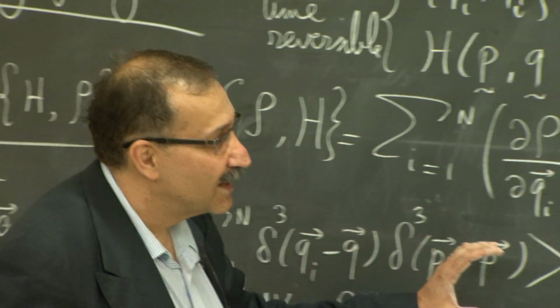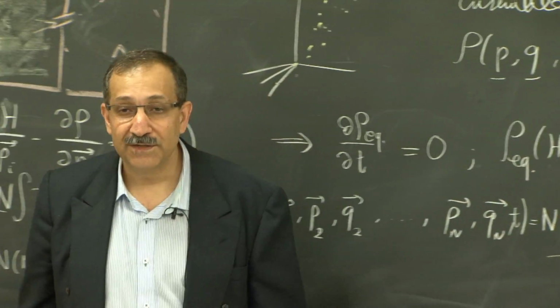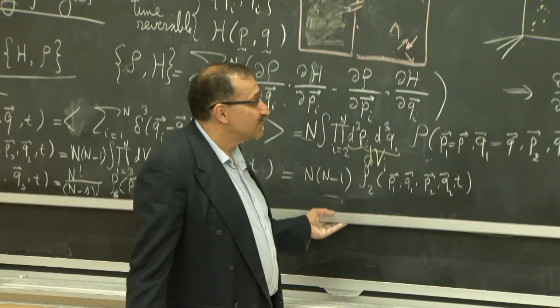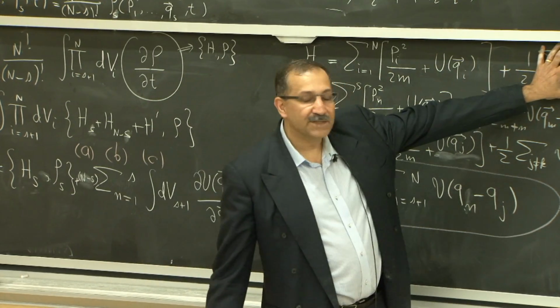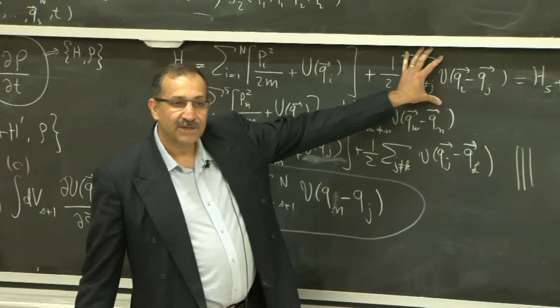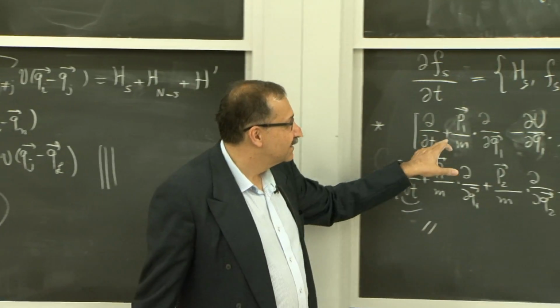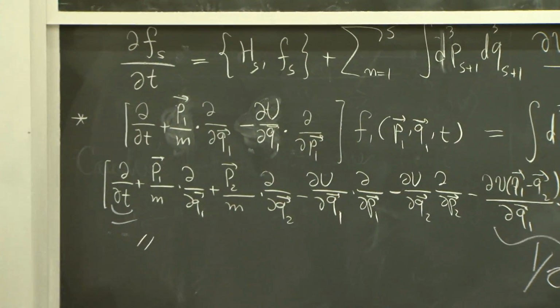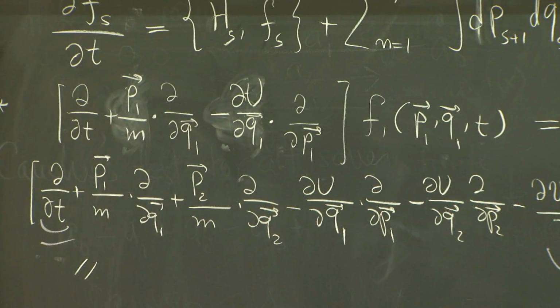Remember that we said this rho equilibrium has to be a function of H and conserved quantities. Suppose I go to my Hamiltonian and I ignore all of these interactions, which is what I would have done if I just look at the first term over here and set the collision term on the right-hand side to 0. What would happen then?